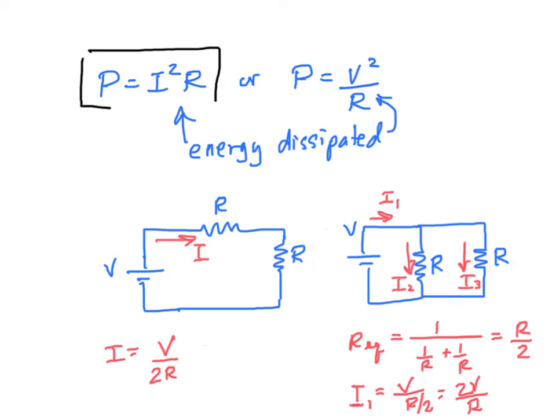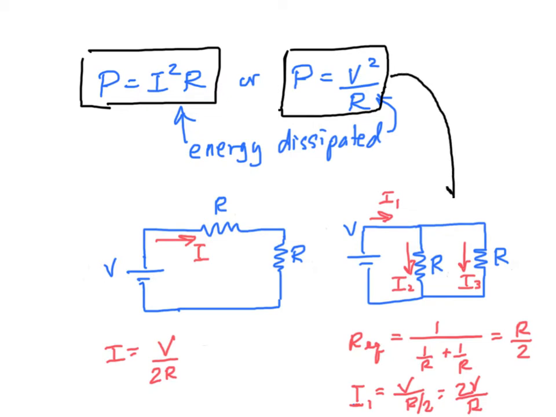The IV is one of them, so there's three of them, but here are the two that we just derived with Ohm's law. One is I squared R, the other is V squared over R. This one tends to work better with parallel circuits. This one tends to work a little better with series circuits. The reason being, in a parallel circuit, as you remember from previous screencasts, the voltage across the resistors is the same.